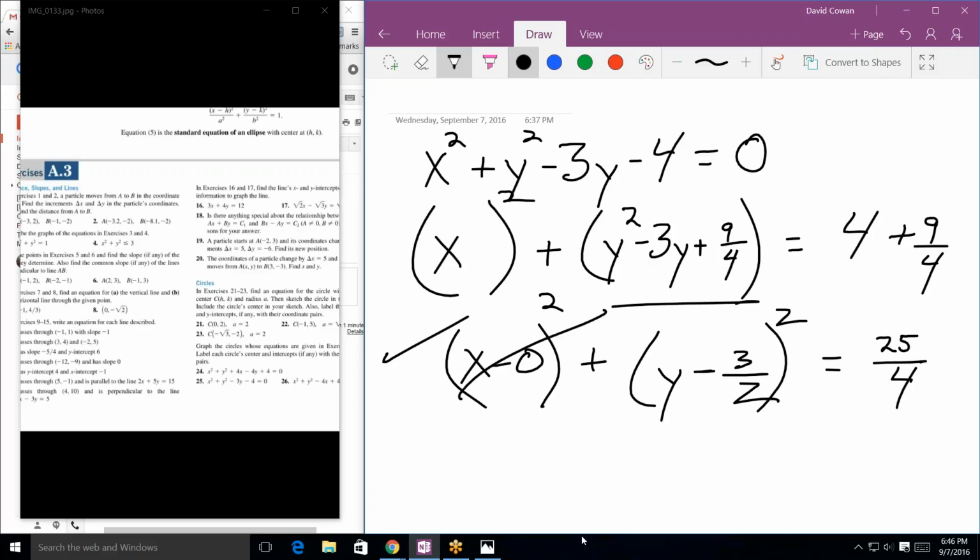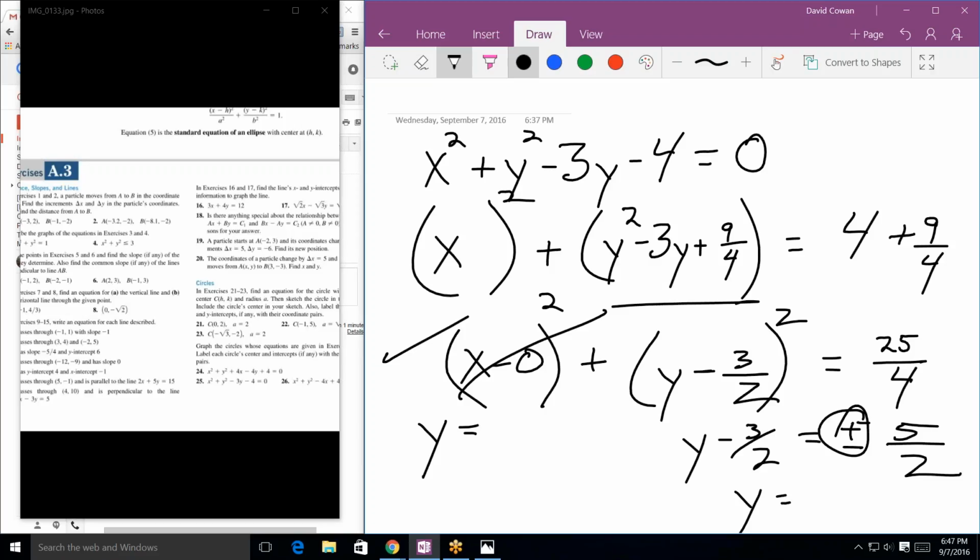So y minus 3 over 2 squared equals 25 over 4. Would I have to take the square root to get the 3 over 2 free? Yes, which means you have to take the square root of the other side also. That's the next step. Then I add 3 over 2 to 5 over 2, and that would be 8 over 2. Well, it's plus or minus 5 over 2. One of them is 4.